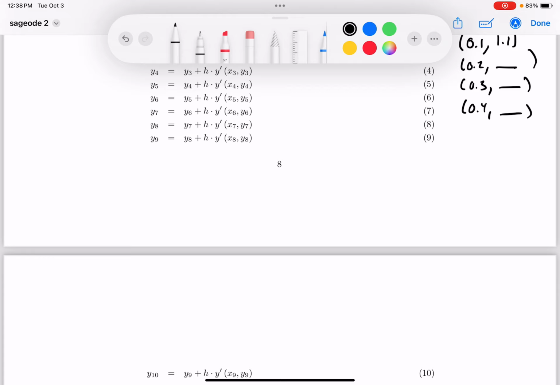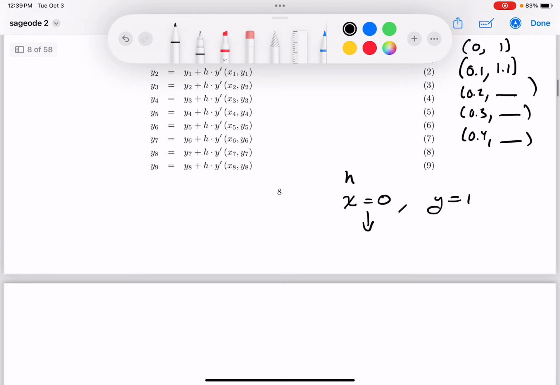For example, you're given an initial x, this is going to be 0. You're given an initial y, that's 1. These are super easy to compute, by the way. All you're doing is adding the step size each time. That's all you're doing. So 0, 0.1, 0.2, 0.3, 0.4, I have no trouble computing those. It's computing the y that has so much trouble.